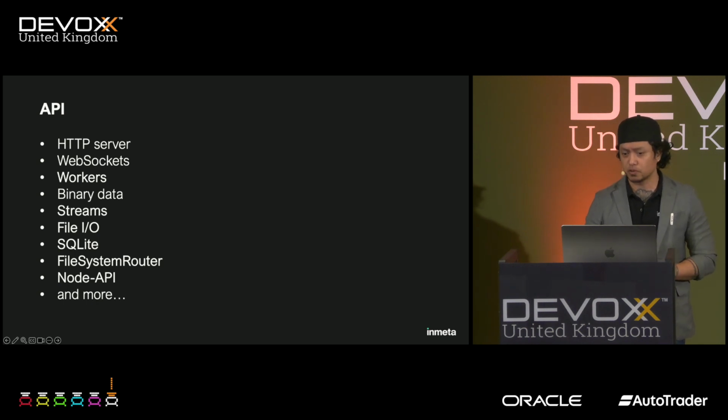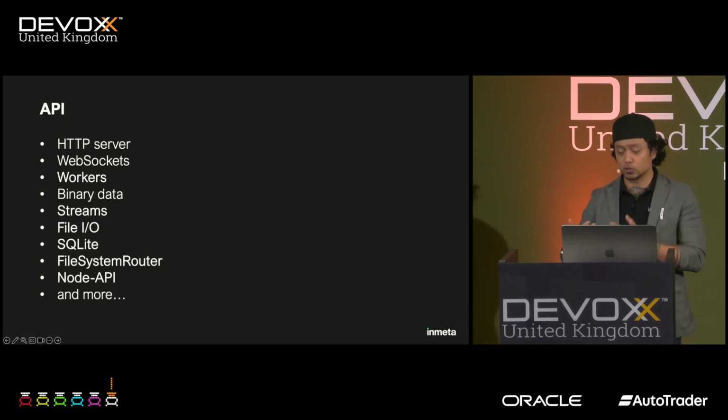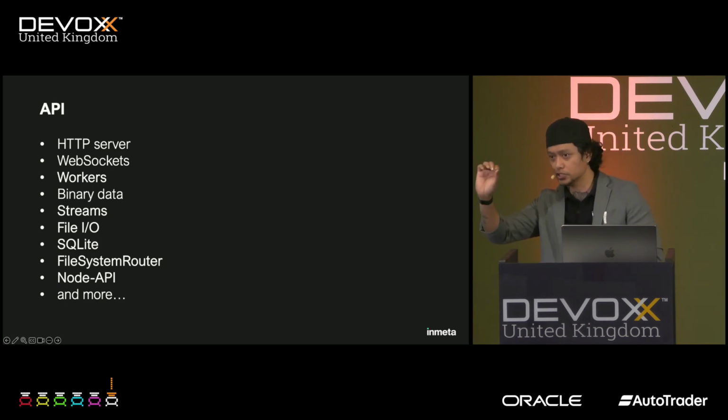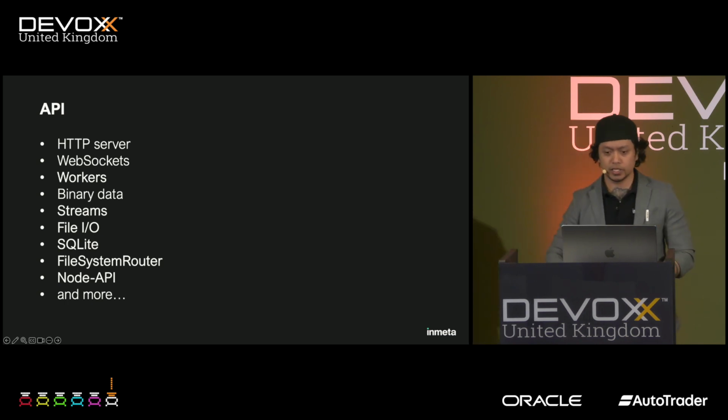You have workers, right, which lets you start and communicate with a new JavaScript instance running on a separate thread while sharing I/O resources with the main thread. Streams, like the response you see in ChatGPT apps, right? Just like it's slowly revealing the text. File I/O for file system tasks.